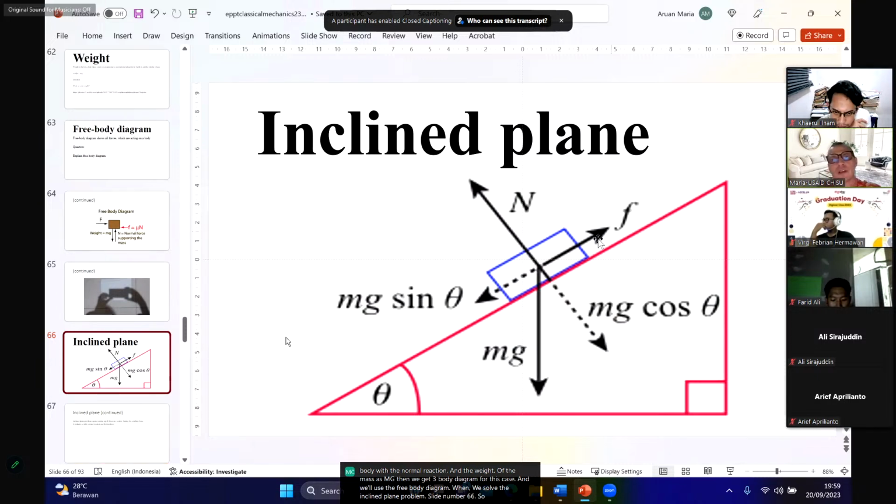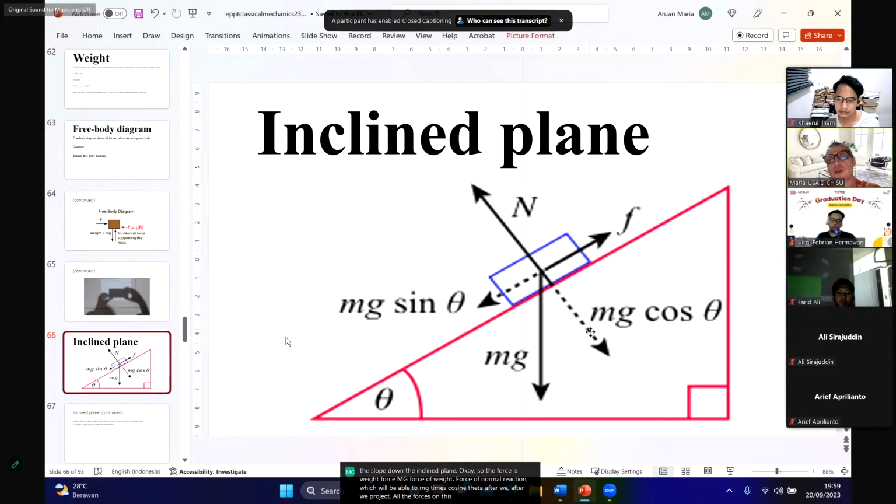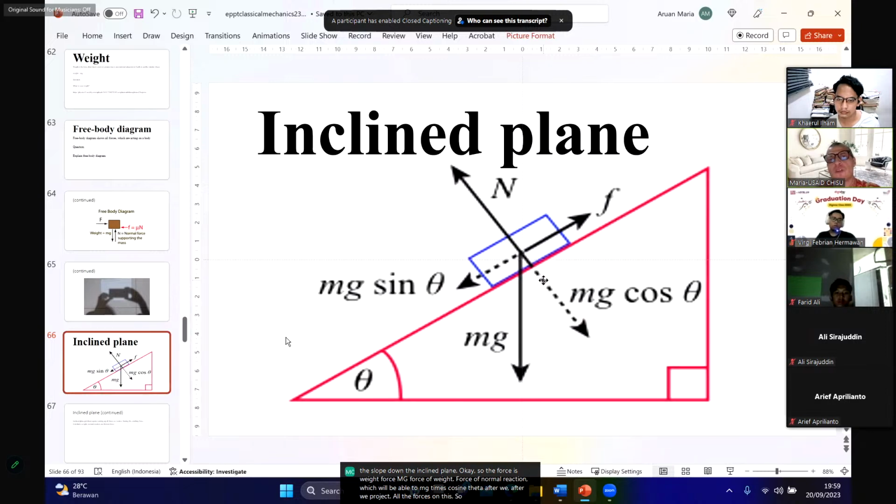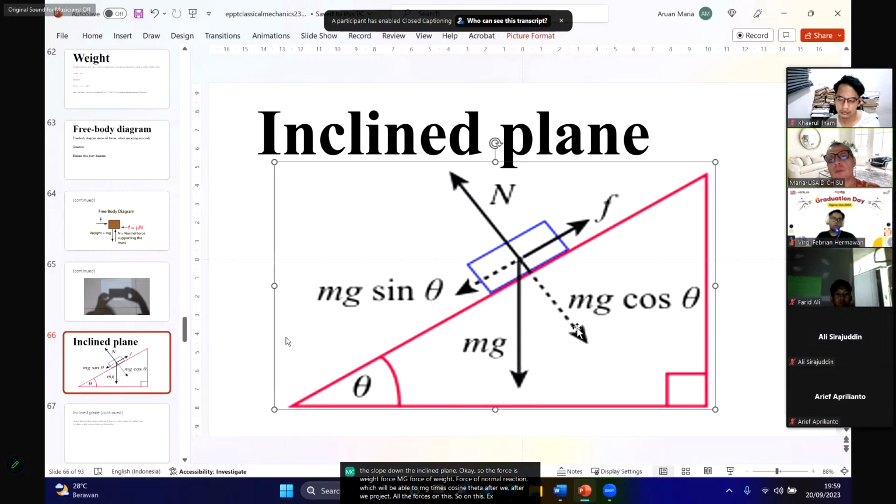So there is a mass sliding down the slope, down the inclined plane. The forces are the weight force, mg, and the force of normal reaction, which will be equal to mg times cosine theta after we project all the forces on the axis perpendicular to the direction of the motion.